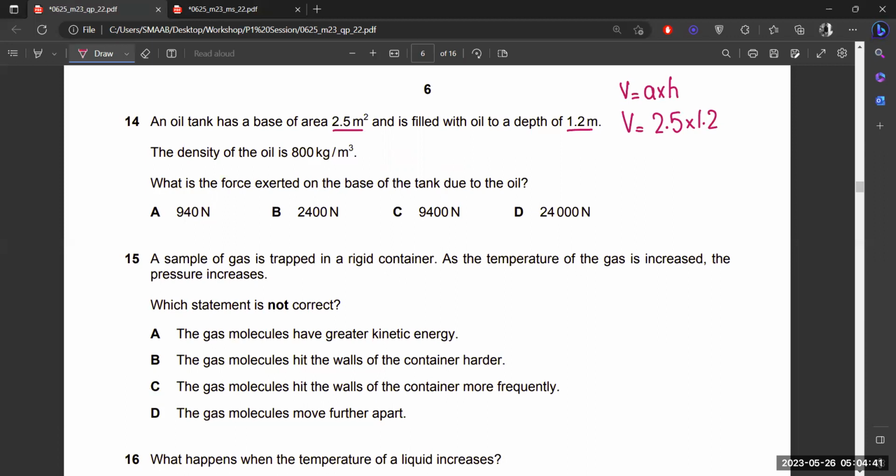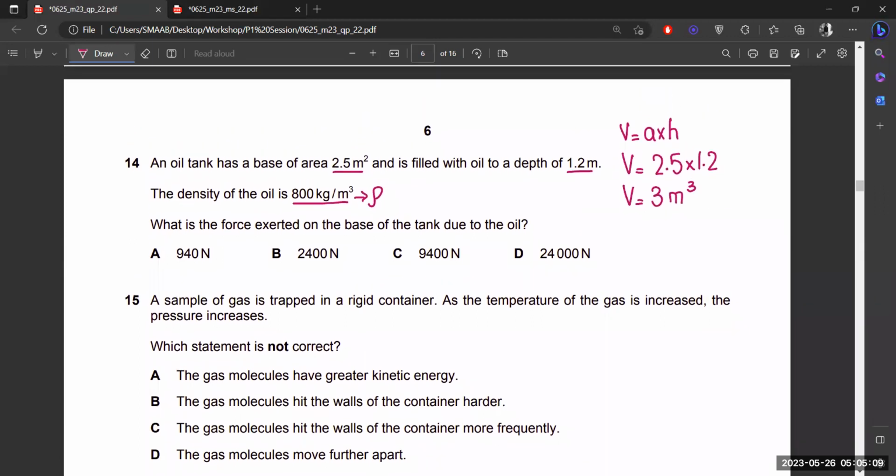So 2.5 multiplied by 1.2, that is 3. That is the value of volume. Okay. And the density is given. What is the force exerted on the base? So they are going to find out the force exerted. So volume is given, density is given. First of all, we know the formula of density is equal to mass over volume.